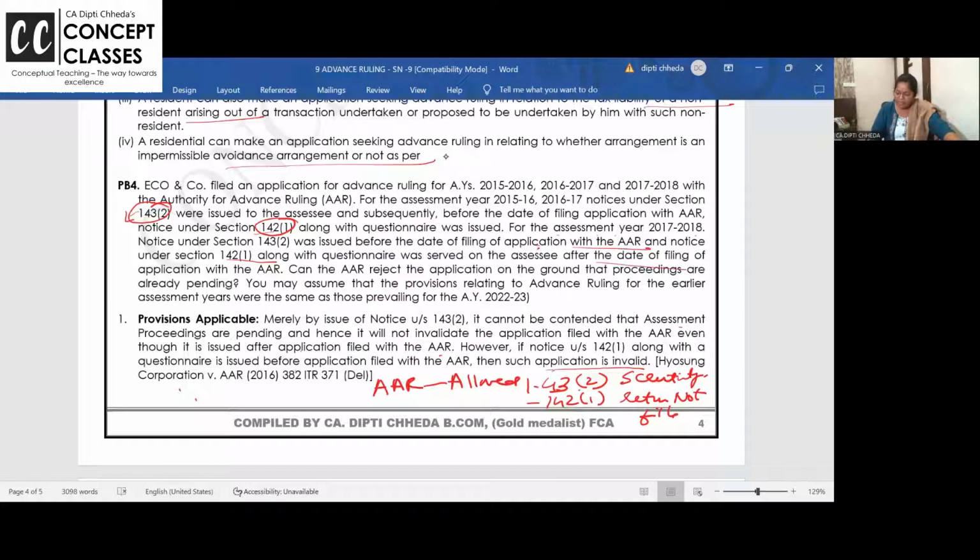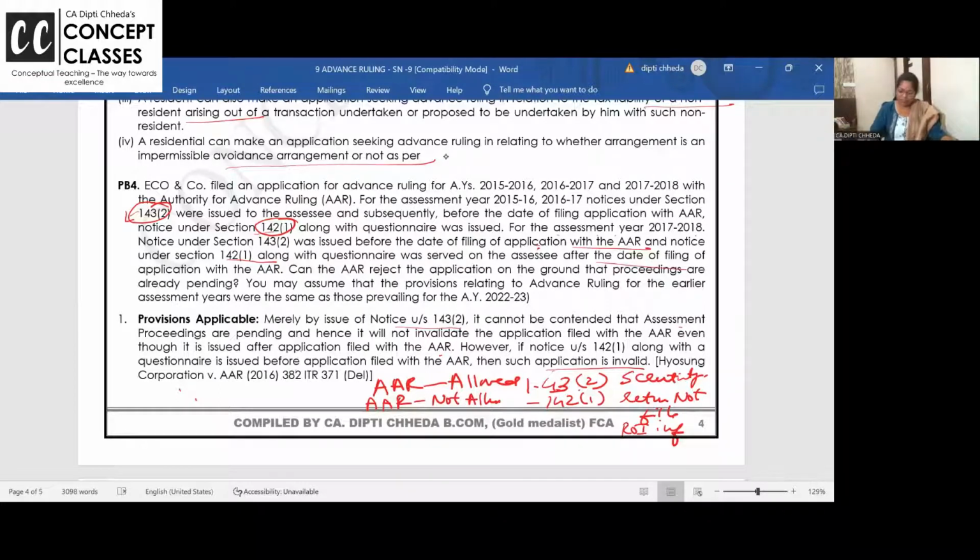142(1), if the return is not filed or they have called for some information related to the return of income, AAR is not allowed. If a 143 notice is issued, you can still go for AAR, and that will be kept pending.